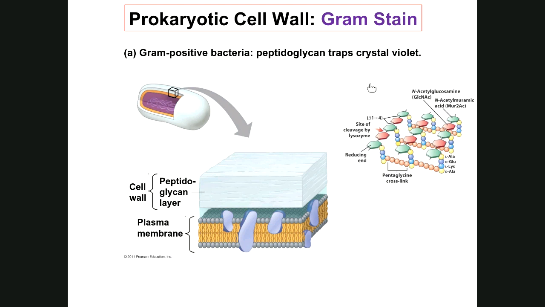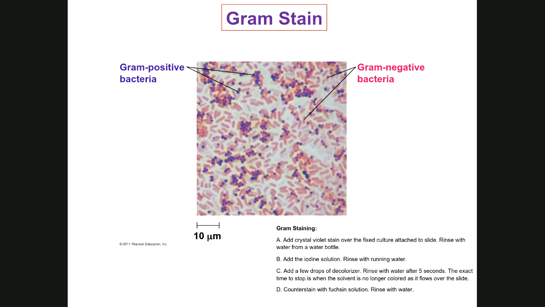It doesn't rinse off. So then when the person comes back and adds the fuchsin or the pink colored stain, it doesn't grab onto this because it's already saturated with the violet color. Then when they take it through a second destaining, it doesn't matter that you expose it to that second color. The gram-positive bacteria has a cell wall only made up of peptidoglycans, and it holds on to that crystal violet no matter what. So you get this color.